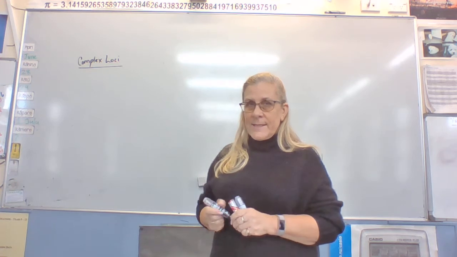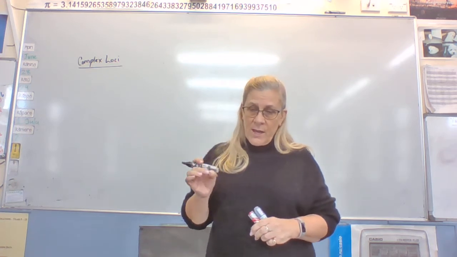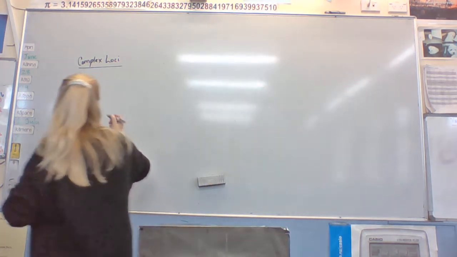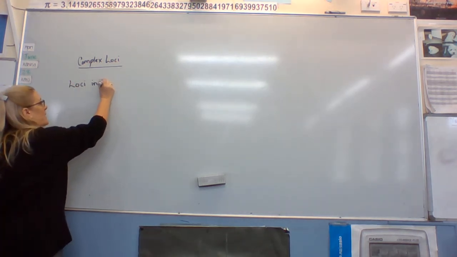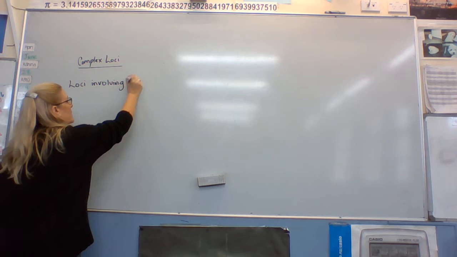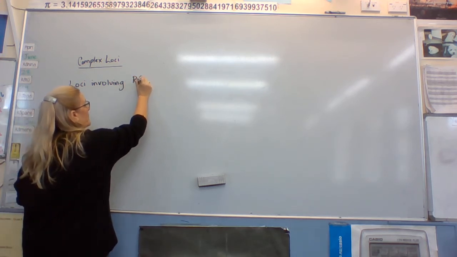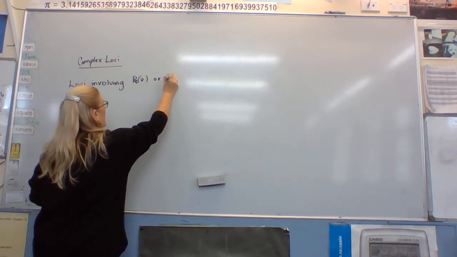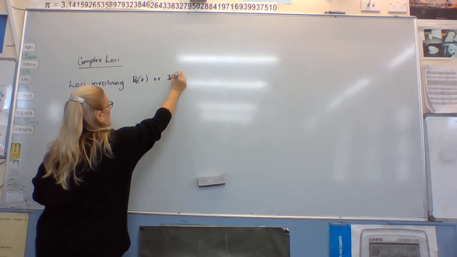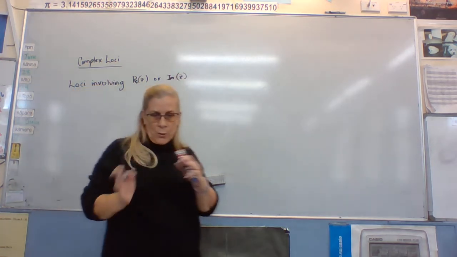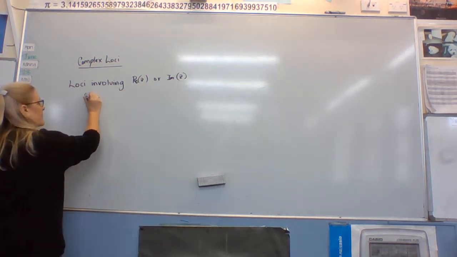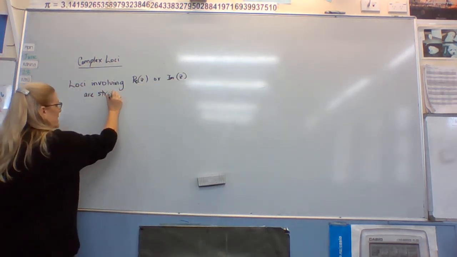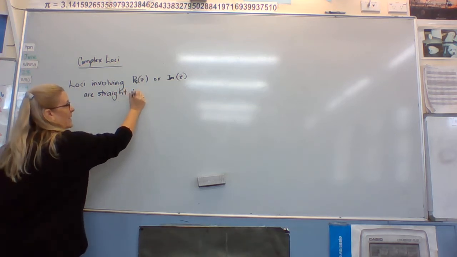So the first thing you need to understand is that loci involving the real or imaginary part of a complex number are just straight lines. That doesn't mean anything, I know, but let's have a look.